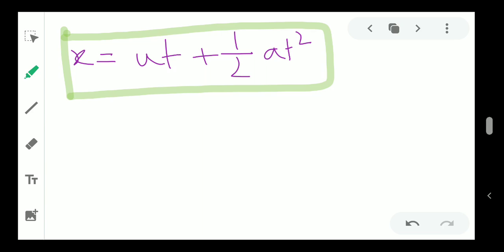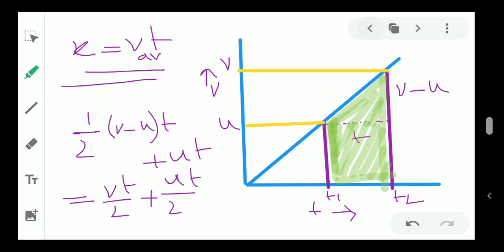And now you know why it is so, because we are taking into consideration acceleration, that is the change in velocity. We can only use x equal to vt when v is constant, because if v is changing, which value of u and which value of v will you put? You will never know.